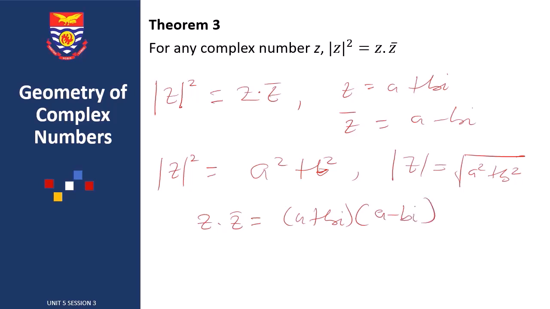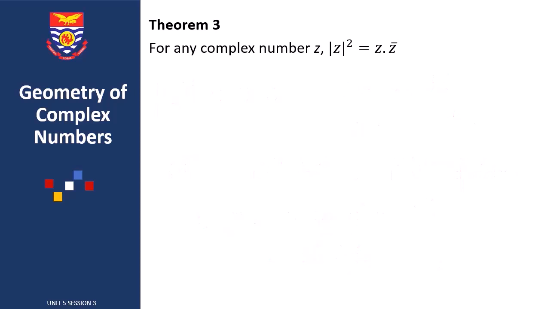By multiplication and simplification, don't forget that i squared equals negative 1. You simplify that and get a squared plus b squared. So you have proved it. For any complex number, the modulus of z squared is equal to z times z conjugate. I think we've already talked about this theorem.